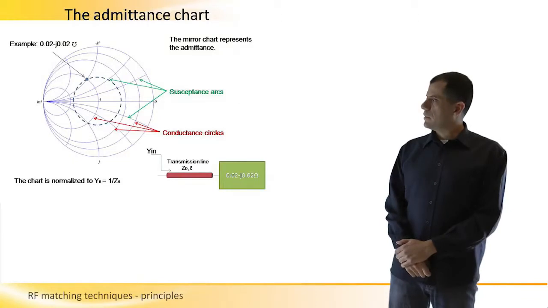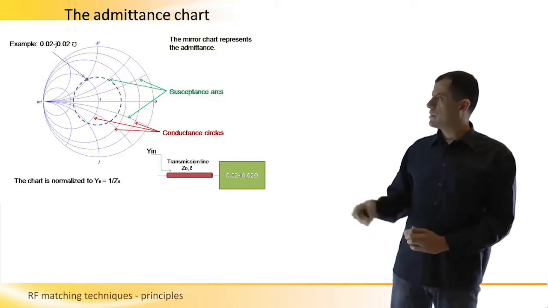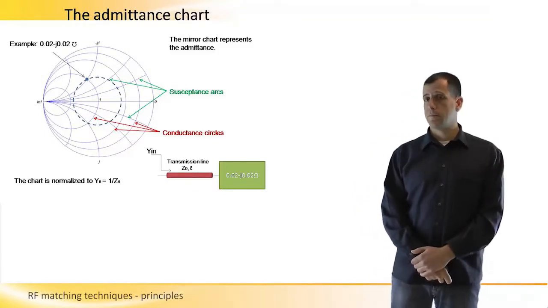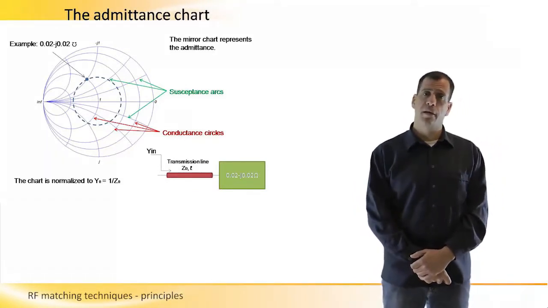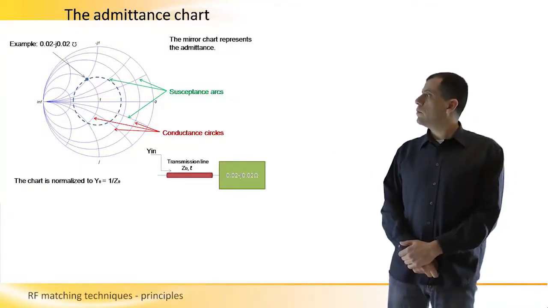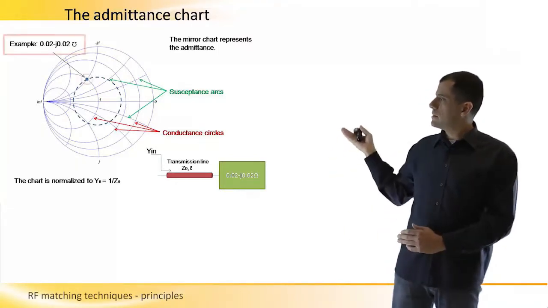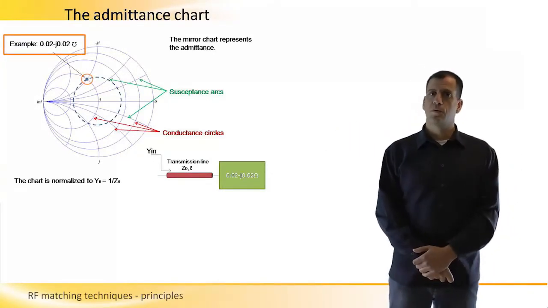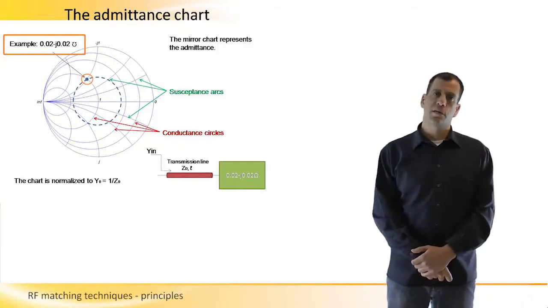This is the same chart with the circles and arcs as before. If we take an example of the same system as before, we have now a system whose input admittance is 0.02 plus j0.02 mho.